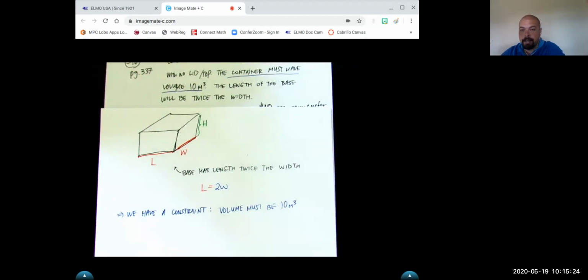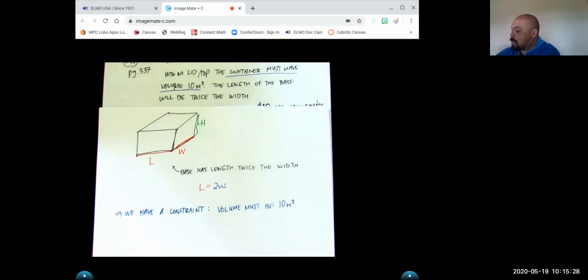Okay. All right. So we have this constraint, and this will allow us to rewrite our variables in terms of a single variable, right?